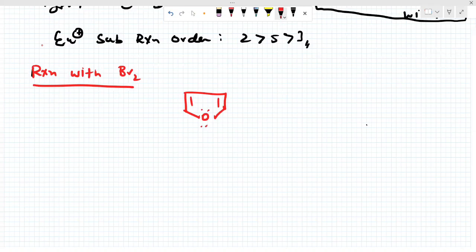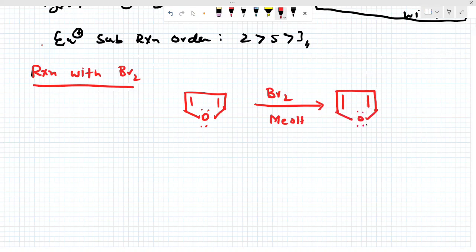Take Furan. Put Br2 in methanol. This is a protic solvent. In this reaction, it's a different product. Here OMe. In case of Pyrrole, if we have a protic medium, all positions can be substituted. It's the reverse in Furan, because Furan has less electron density.